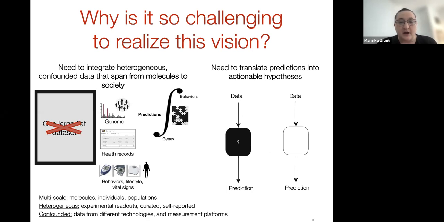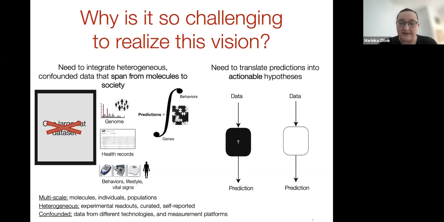That means there is no single large data set that one can work with, but there are multiple related, relevant data sets, and one will then need to integrate this heterogeneous, often confounded data that span from molecules all the way up to populations and society levels.